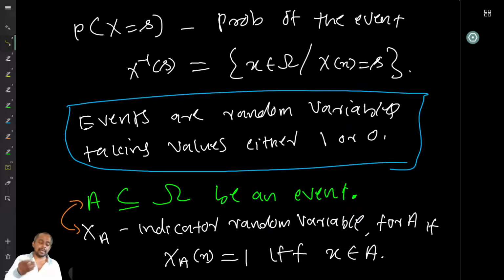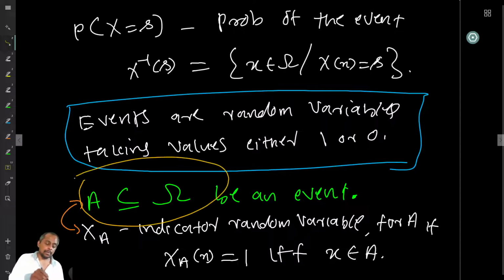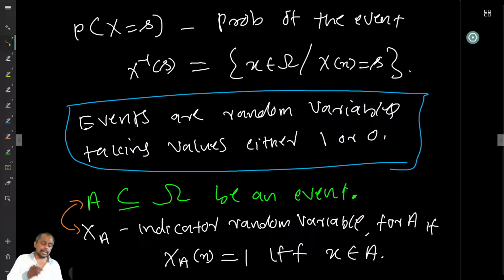Suppose I give you an event A, a subset of omega. Then I can define a corresponding random variable called the indicator random variable, X_A, which is equal to 1 whenever the outcome is an element of A. Otherwise, it is 0. It's a 0, 1 random variable.